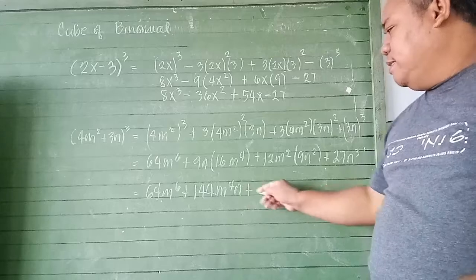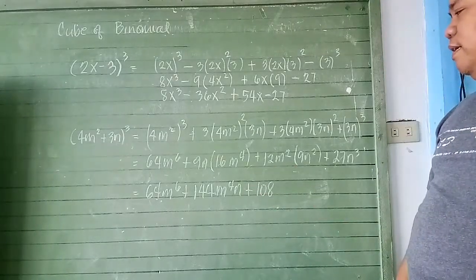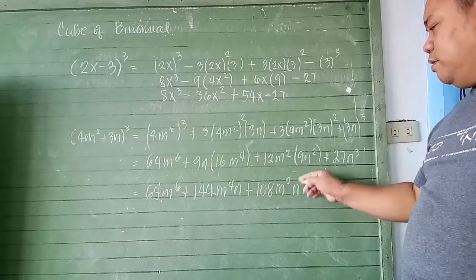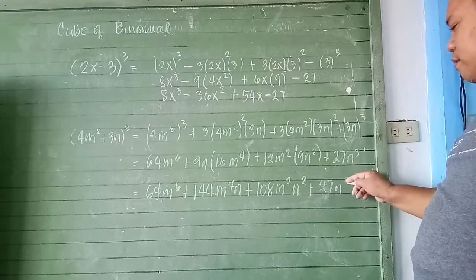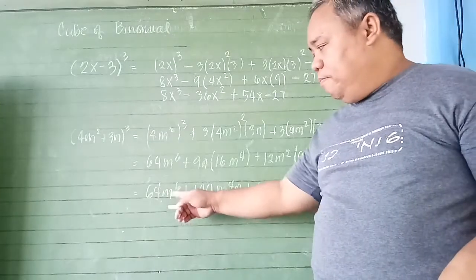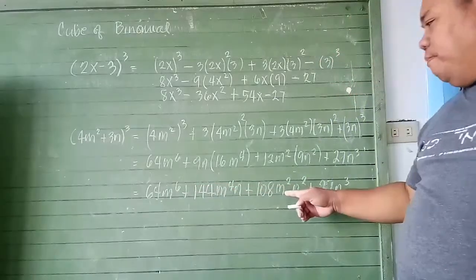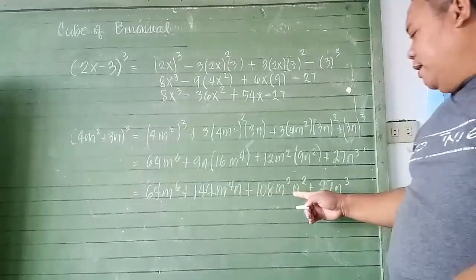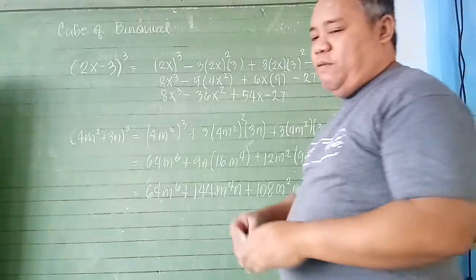So, plus 108. 12 times na yung 108. Tapos m square plus 27 m cube. If you still remember, habang tumataas yung mga exponent ng m, bumababa naman yung mga exponent ng n. So that is how we solve this equation.